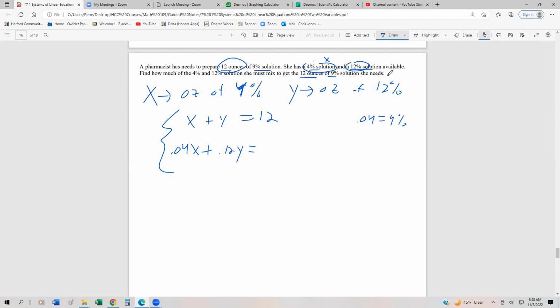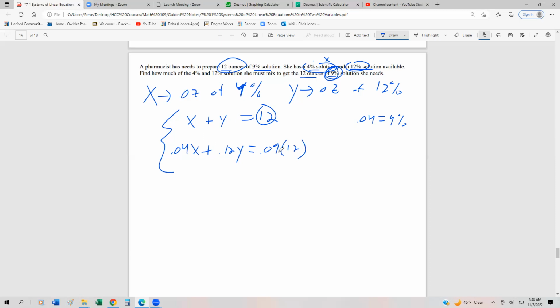And that's going to be equal to our 9% of 12 ounces, so 0.09 of 12. So this is just basically verifying the composition. 4% of the number of ounces of x, 12% of the number of ounces of y. When we mix those together, we should get 9% of 12 ounces.